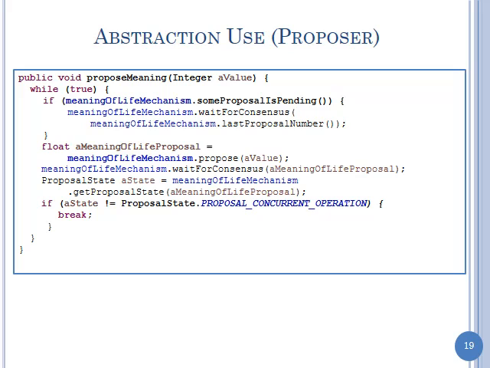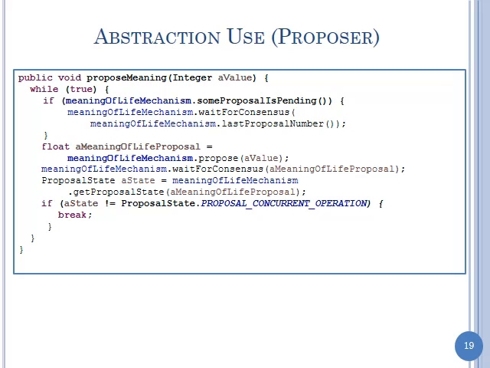When I unblock from the wait, what am I trying to do? I'm looking at the state. We know it's not pending at this point.